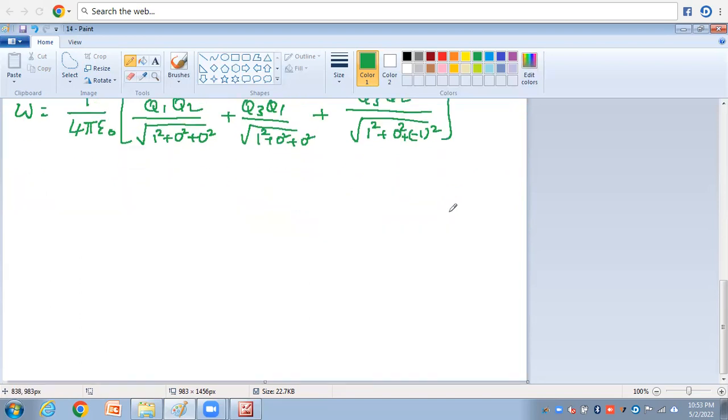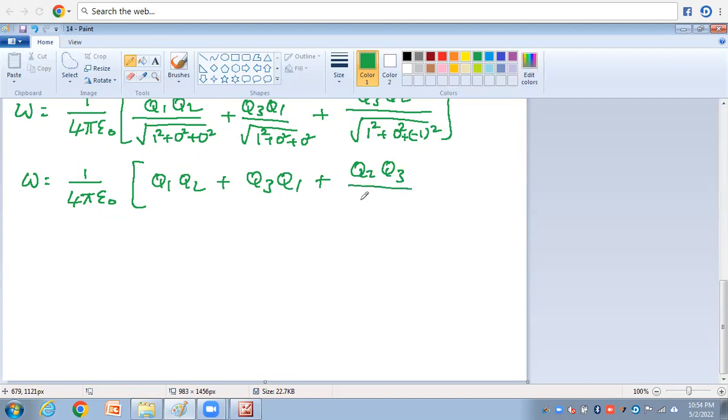The final resultant is W equal to 1 by 4 pi epsilon naught, Q1 Q2 plus Q3 Q1 or Q1 Q3, no issue, plus Q2 into Q3. I'm rearranging the point charges. This is root 2. Now I have to substitute the Q values.